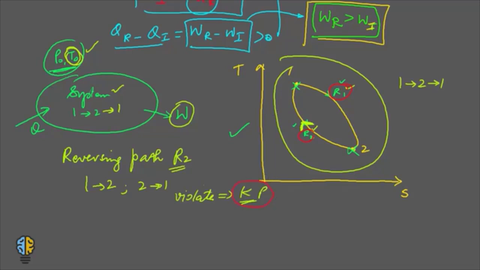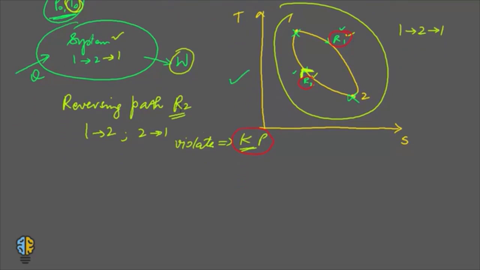So the statement can be remembered as this: the work done in all reversible processes is the same. Why the same? Because if you take them as separate paths, it violates the KP statement.